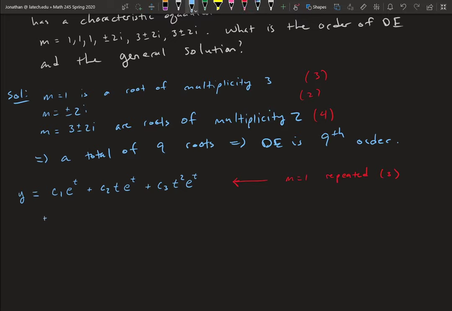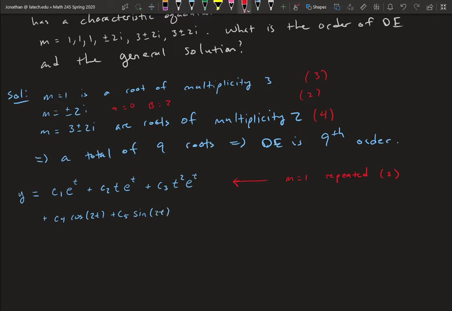Then I got to do plus or minus 2i, so that's going to be, let's see, alpha equals 0, beta equals 2. So that's going to be C4 cosine 2t plus C5 sine of 2t.